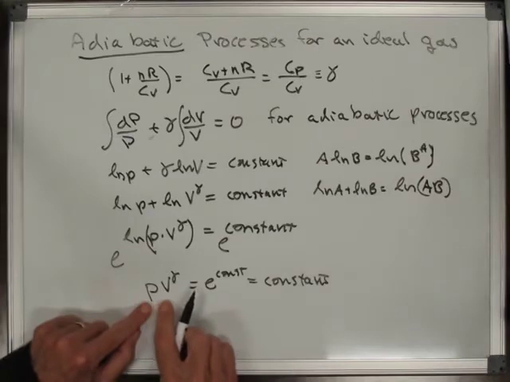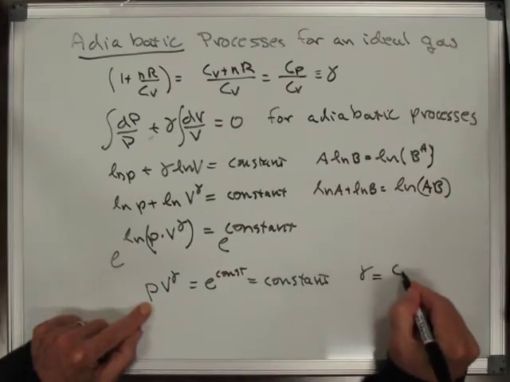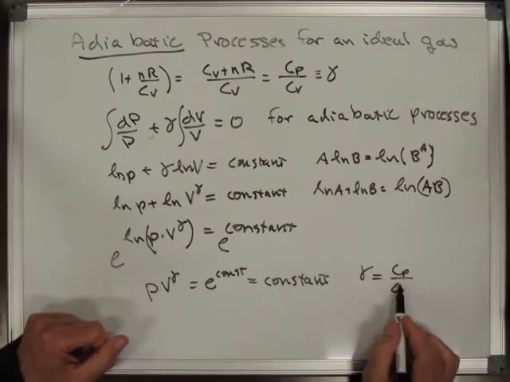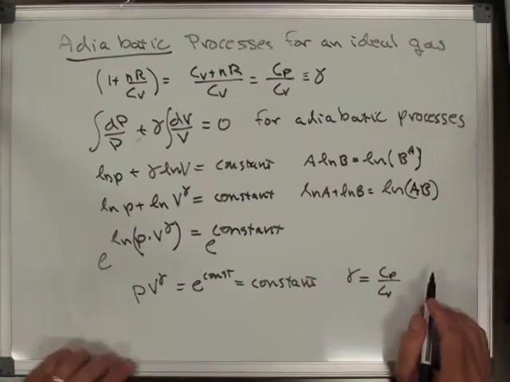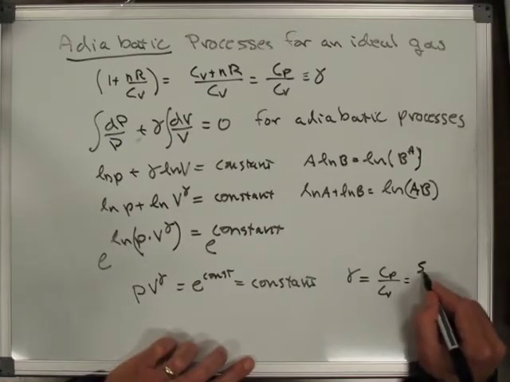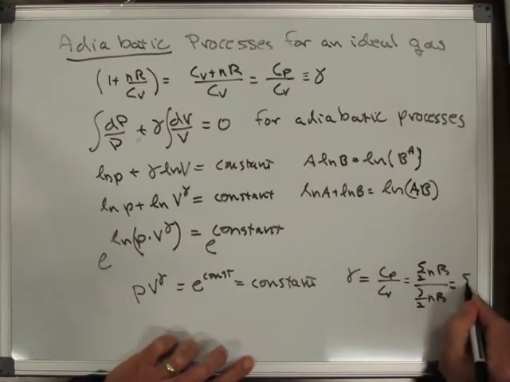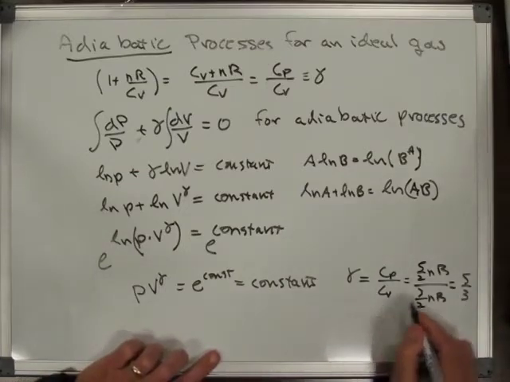And so this says for adiabatic processes, PV to the gamma is a constant where gamma is equal to Cp over Cv. And we can evaluate this thing for a monatomic gas. This is equal to 5/2 nR over 3/2 nR, which is just 5/3. And so this is for a monatomic.